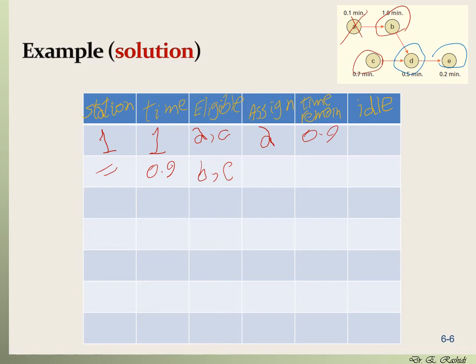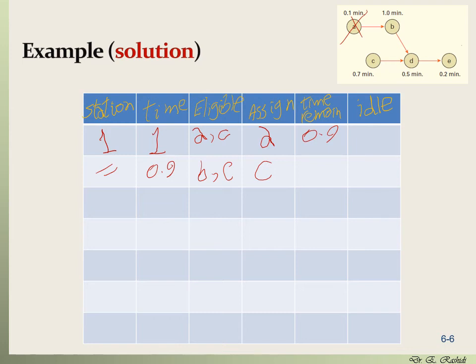We don't have any with the most following. So this means that you can actually assign either. I'm going to go with task C because we also had it before as an eligible task in the previous step. You can go with B, it doesn't matter.